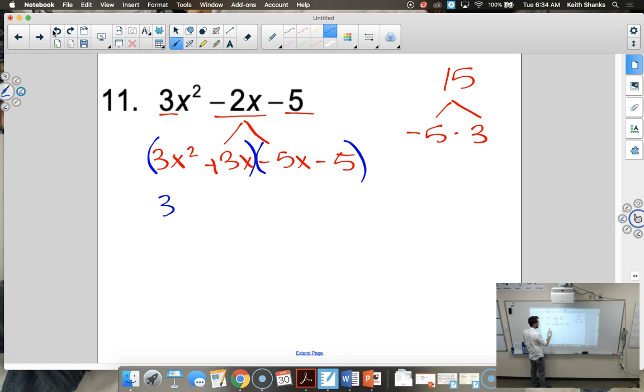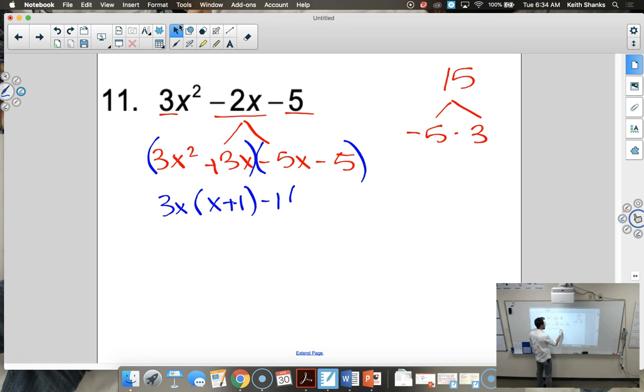So this is 3x times x plus 1. And then the second one, if I factor out a negative 5, I'm going to get x plus 1. So I had to do this kind of factor out a negative.